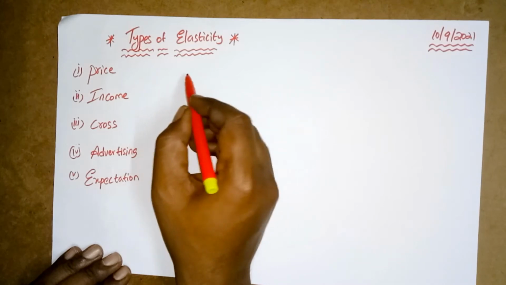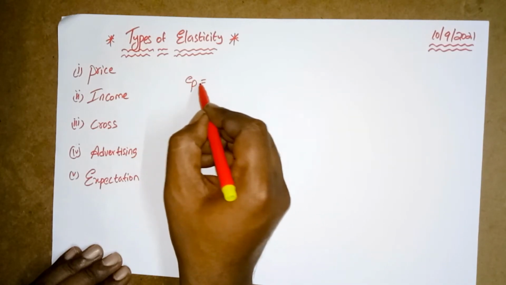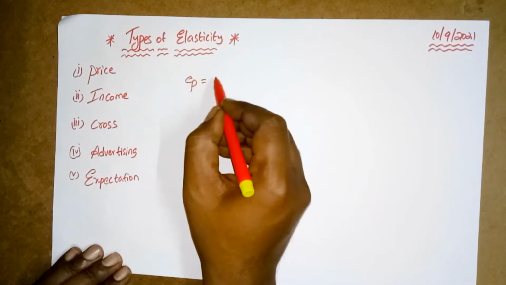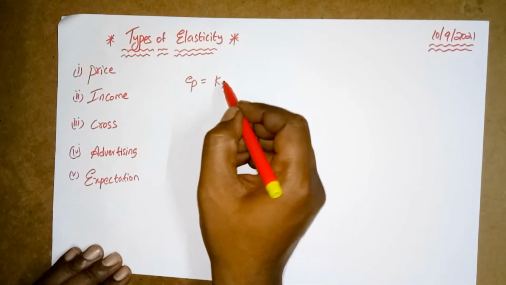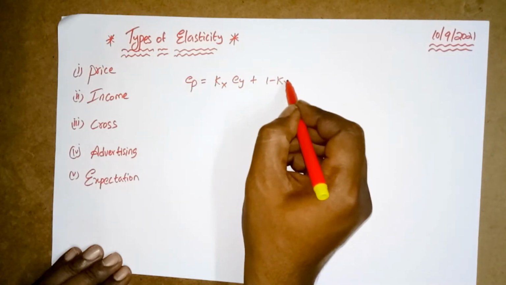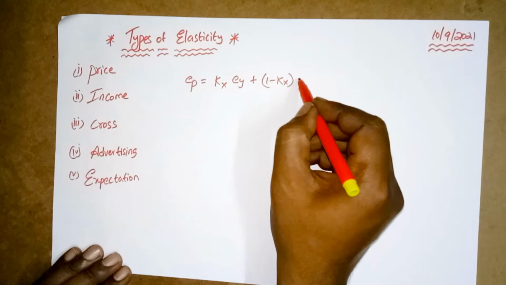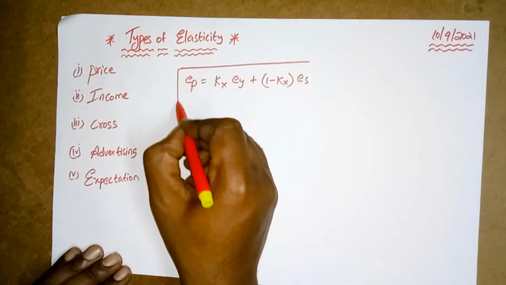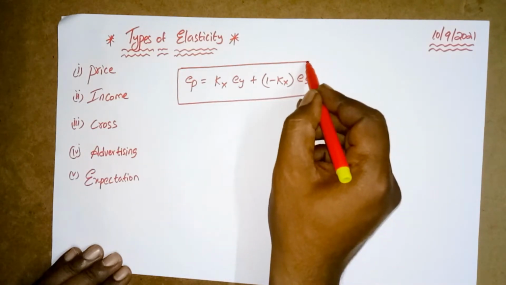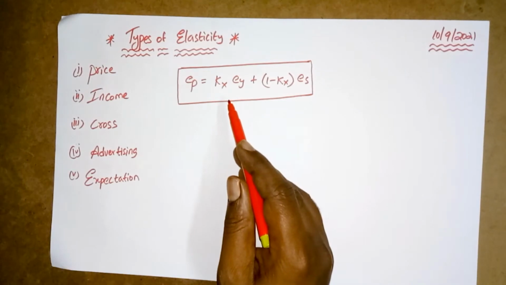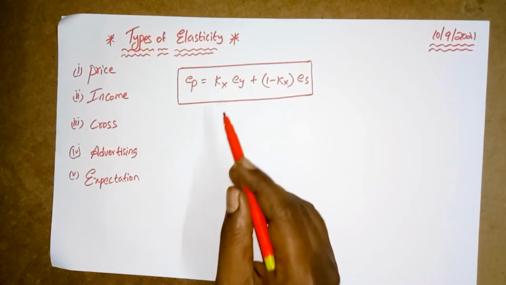This is the relationship: EP = KX EY + (1 - KX) ES. This is the mathematical formula showing the relationship between price elasticity, income elasticity and substitution elasticity.